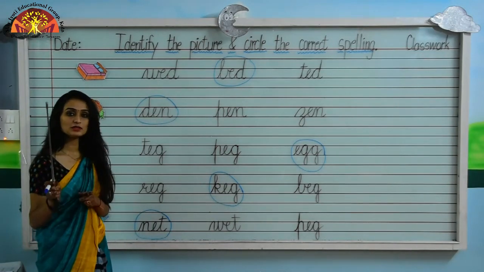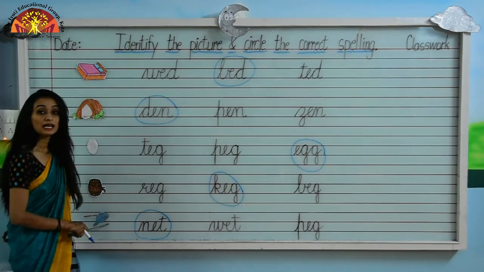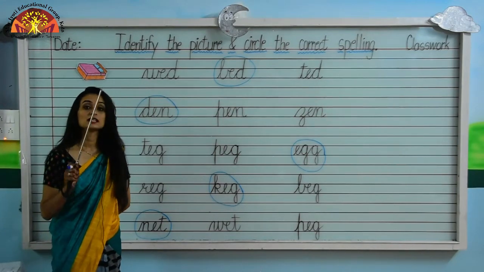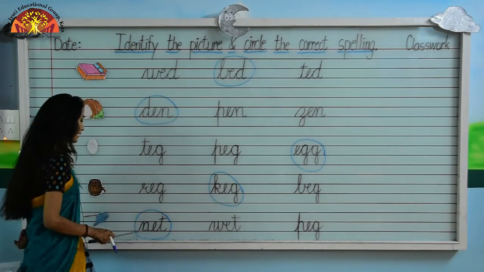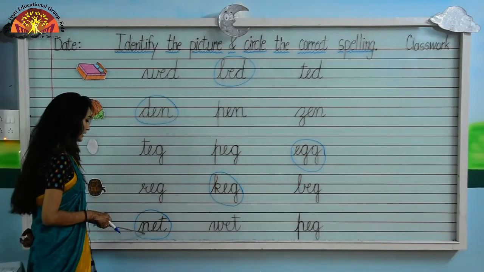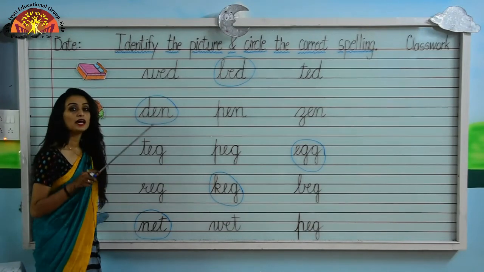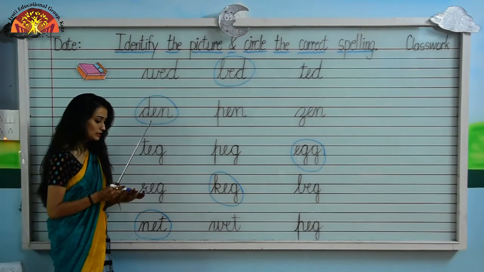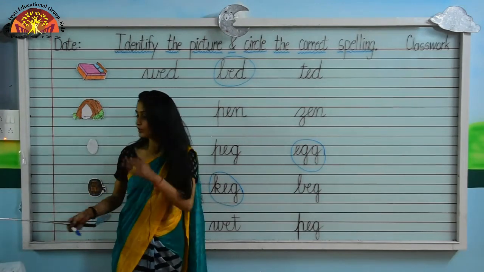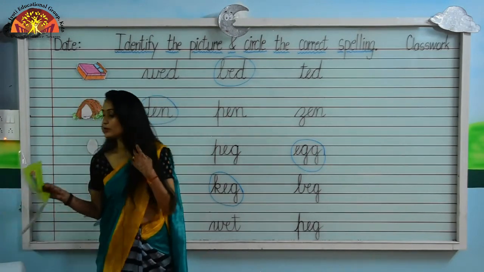You are absolutely right, kids. And I told you what is the correct spelling of net? Yes, it is N-E-T, net. So kids, this way you have to complete this exercise in your English workbook, okay?